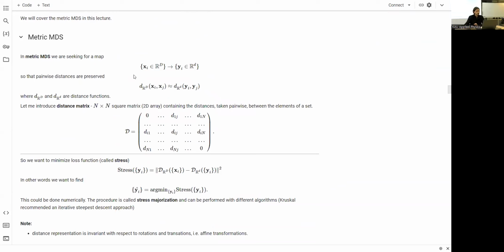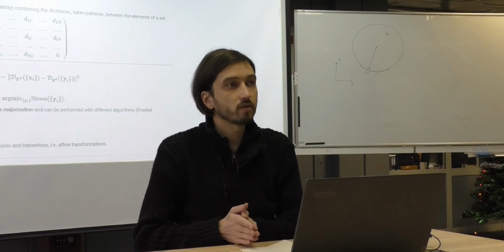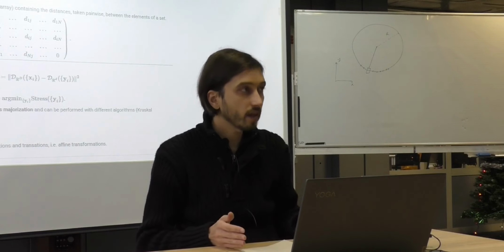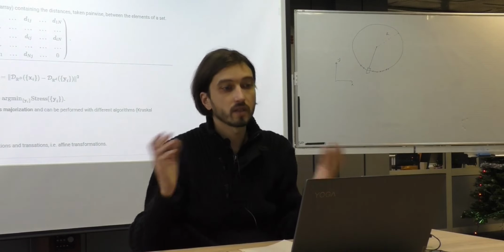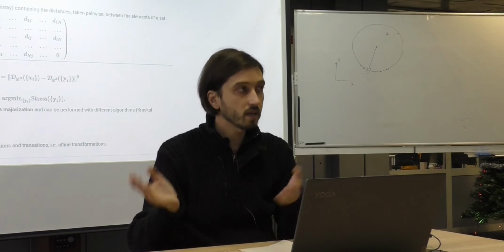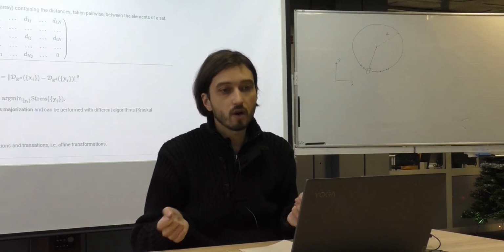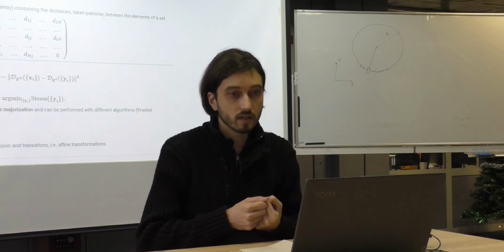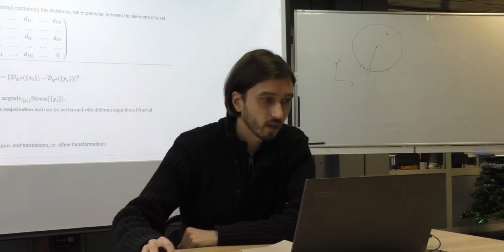In metric MDS, we are seeking a map from some multidimensional space to a space of lower dimension, and we want the pairwise distances between points to be more or less preserved. So we are returning to the idea we had at the beginning of the lecture. We have some points in some multidimensional space, they are living on a manifold, and I want somehow to preserve the distances between these points.